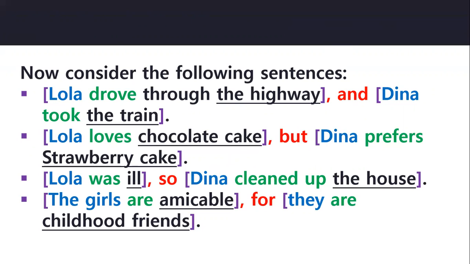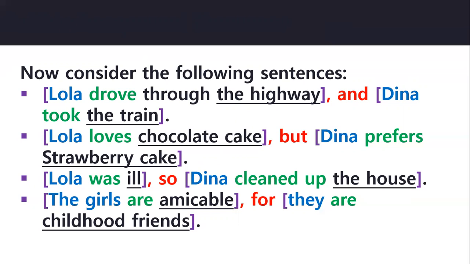Now, consider the following sentences. Lola drove through the highway, and Dina took the train. The second one, Lola loves chocolate cake, but Dina prefers strawberry cake. The third, Lola was ill, so Dina cleaned up the house.